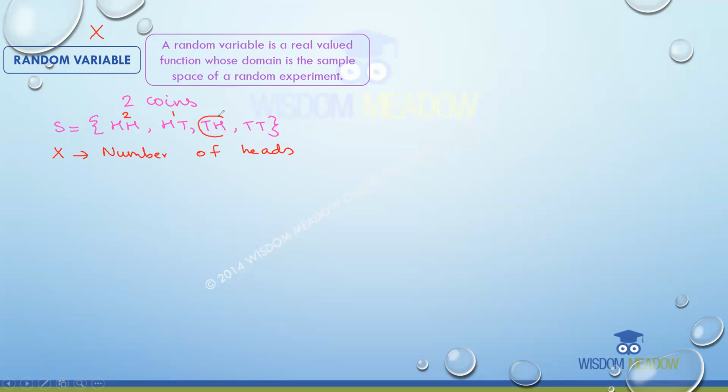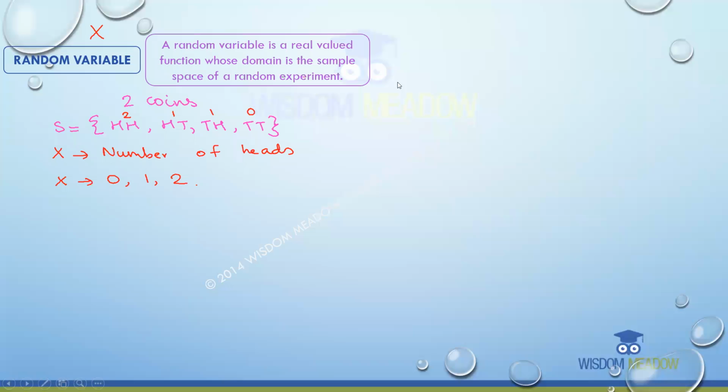The number of heads over here is 1. And the number of heads over here is 0. So the value of X is going to be 0, 1, and 2. This is what I said before, that it is a real valued function associated with the sample space. This is what a random variable is.